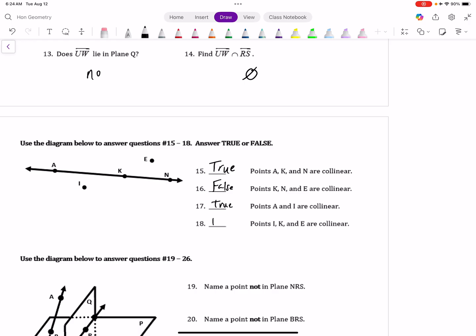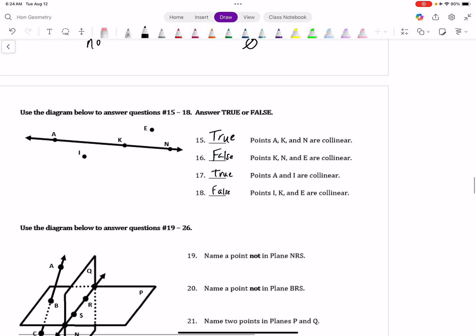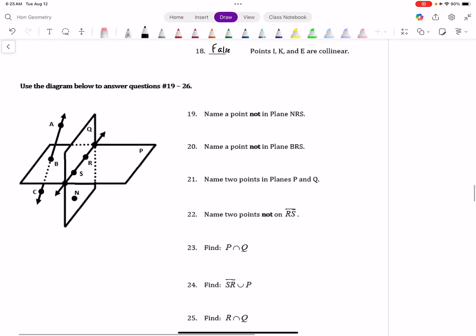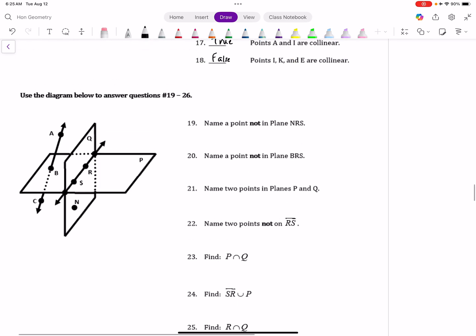We don't need to ever assume anything in geometry. Well, in life and math in general, but especially in geometry. You can't just go, well, they look like they line up, kind of. Unless you draw a line through there and tell me for sure that they line up, don't tell me they're collinear. Okay? All right, so again, right here, stop the video, try these, and then check your answers.